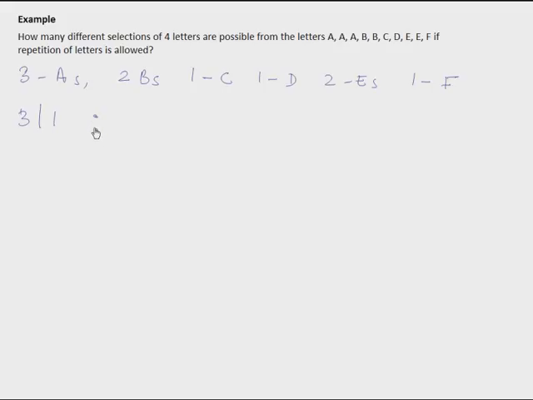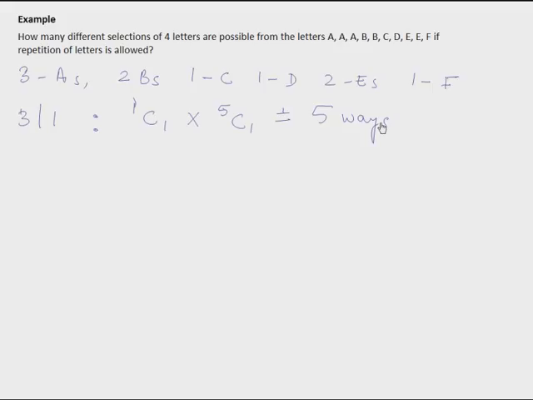Well, there's only one letter that's represented 3 times, the A. So I have only one choice, 1 choose 1 for the triplet, following which I have B, C, D, E, F, 5 choices for the second letter, which will be used only once. So in this combination, which is a triplet followed by one letter, I have 1C1 times 5C1 equal to 5 ways in which to do it.